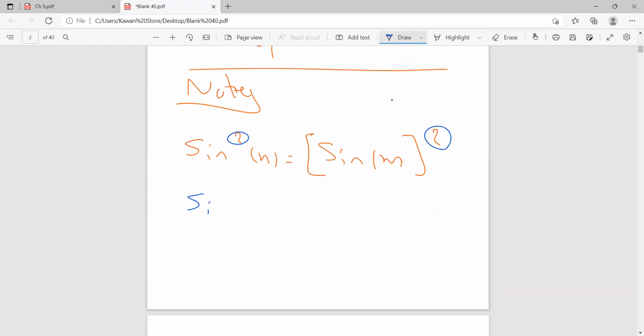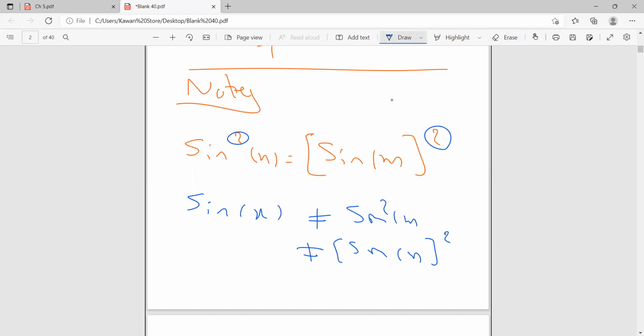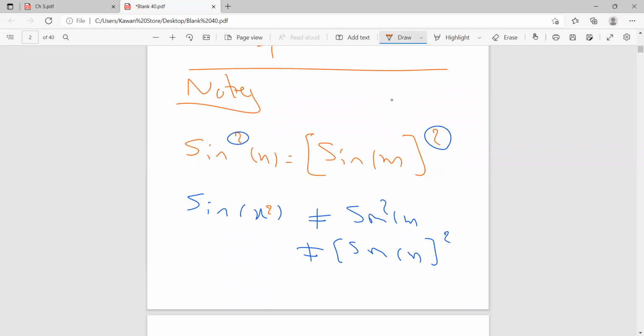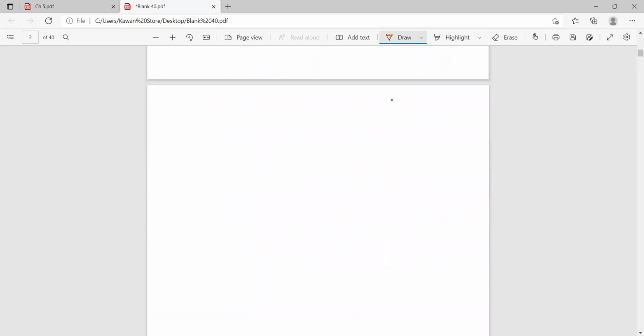But be sure that sine of x squared is not equal to sine square of x or sine x all squared. These are not equal because here the exponent is on the angle. This is something else. Understood, dears? So please write that note if you want. That's all. So this is all about the previous lectures, a quick review.